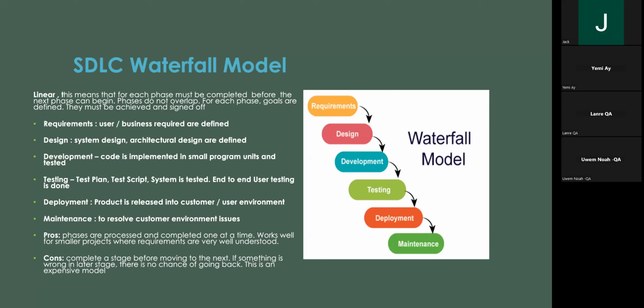Testing phase: test plan, test scripts, those things I mentioned last week. System is tested end to end, and end-to-end user testing is done. Deployment phase: product is released into customer and users environment. Maintenance phase: to resolve customers' environment issues. That's it. So these are all the levels.